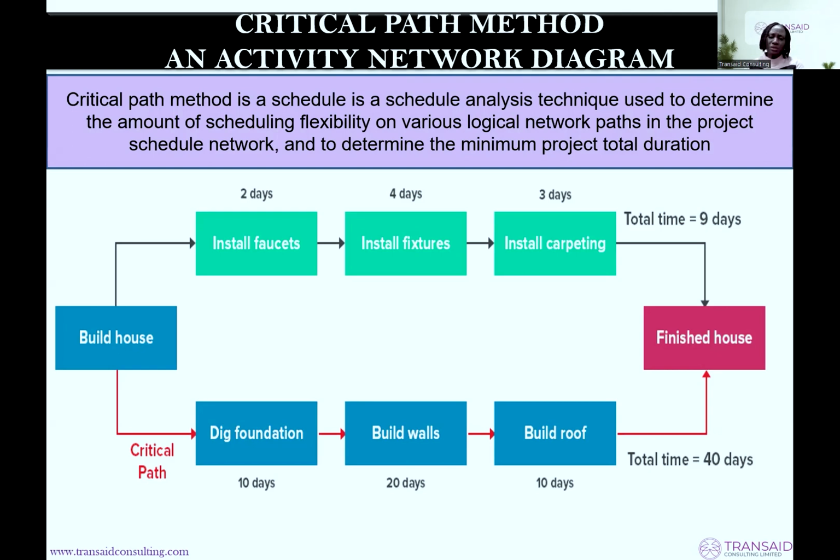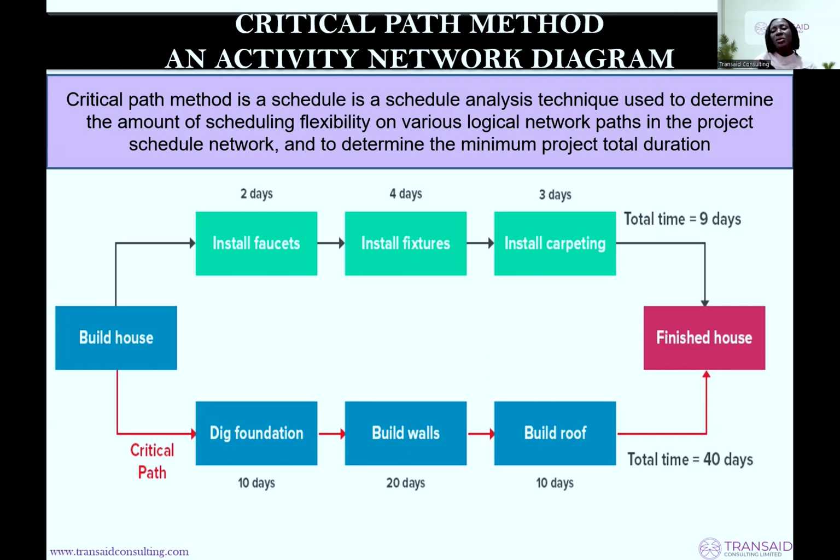So you want to build a house. It's telling you it takes 40 days to finish the house. So this critical path means that any activity on this path can never be delayed. If you delay it, your project will be delayed. So any activity on the critical path cannot be delayed. The slack is 0.